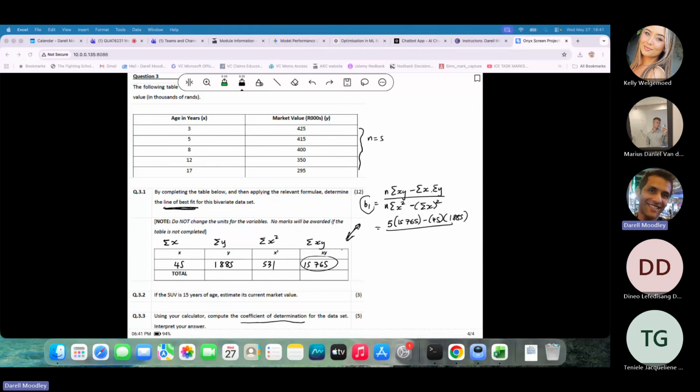Divided by n, which is 5, times sum x squared, which is 531, minus, please make sure you understand the difference between these two, okay? This is the sum of each x value squared. Here, this is the total, and then you square it. So we're squaring this number here.